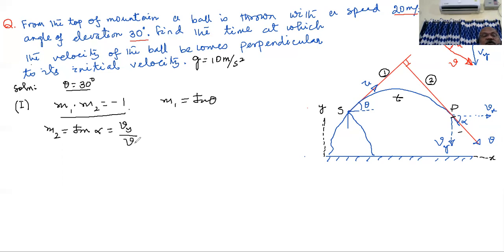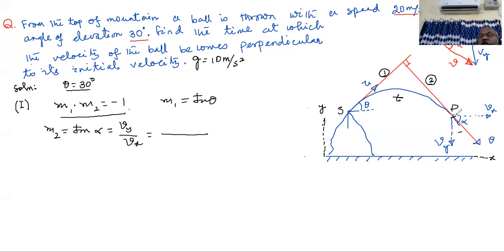So now we see a hope. Once you get hold of Vy, once you get hold of Vx, then tan alpha can be known, M2 is known, and then we can utilize the condition. But we have to work a bit more. If we go to the denominator here, Vx, that is the x component of the velocity V, and we know x component means horizontal component.